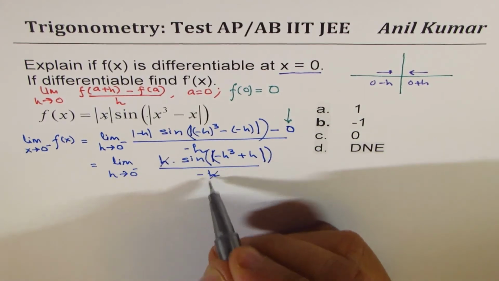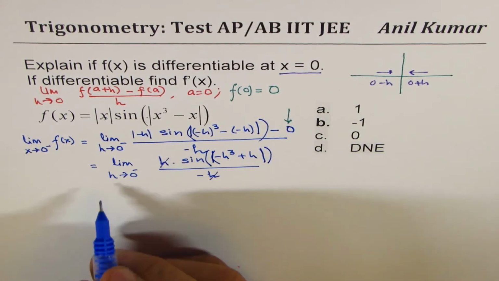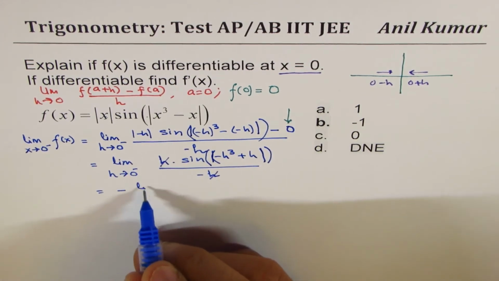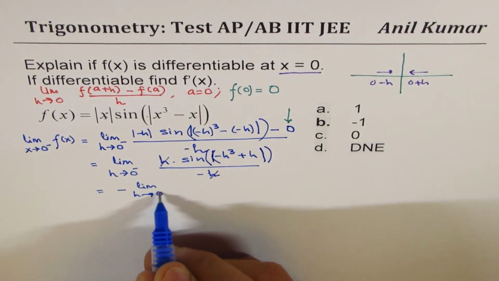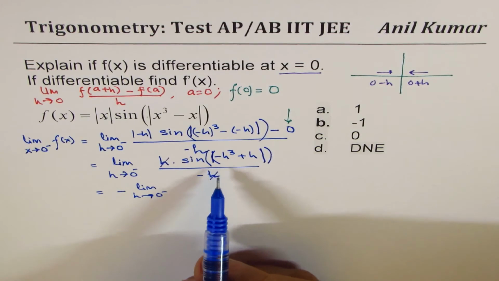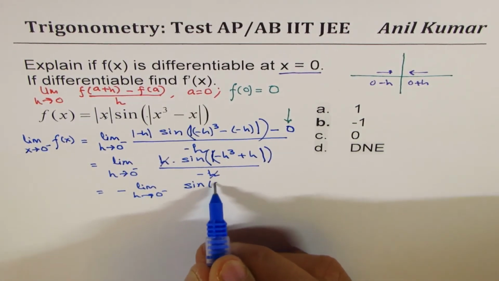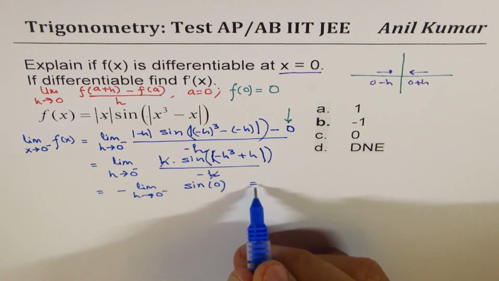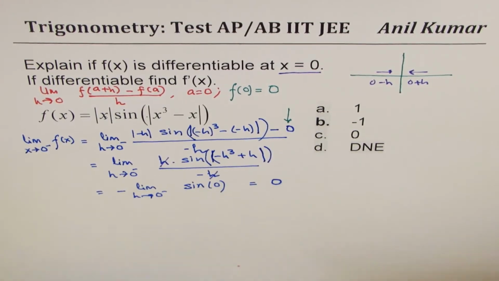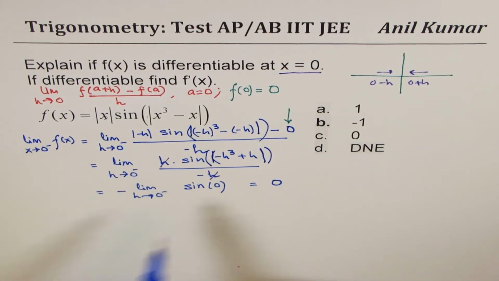So we get the negative limit as h approaches 0 from the negative side. Now if I substitute 0 here, I get sine 0. Is it okay? Sine 0, which is 0. So we get 0 as our answer. Perfect. So the limit from the left side is 0.